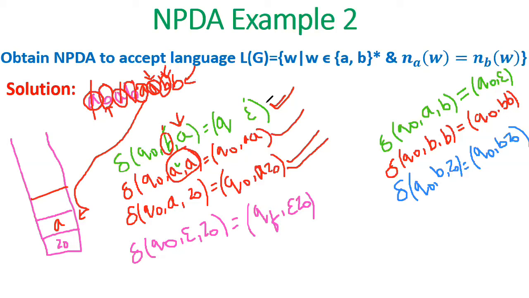So using this particular transition, for this B, you will pop A from the stack. Clear? So the string is empty now and the stack is empty.